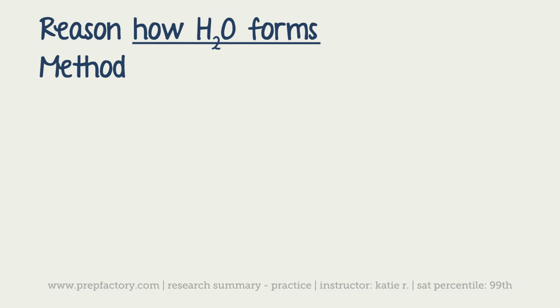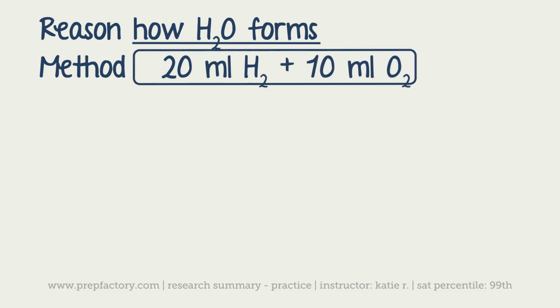So I would circle things like 20 milliliters of hydrogen gas, 10 milliliters of oxygen gas. So we've got 20 ml H2 plus 10 ml O2. So I would be circling these things.